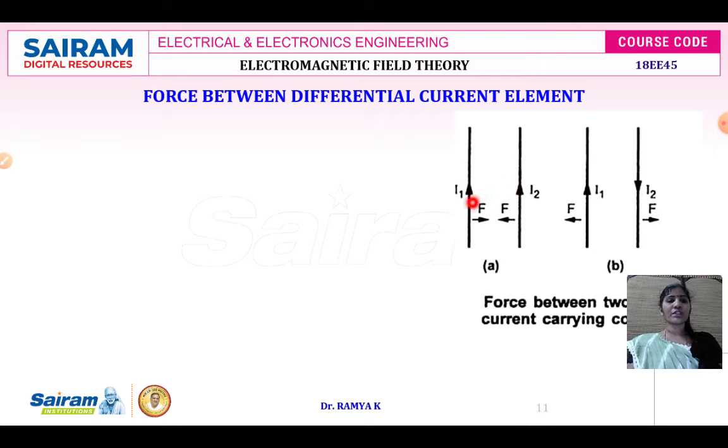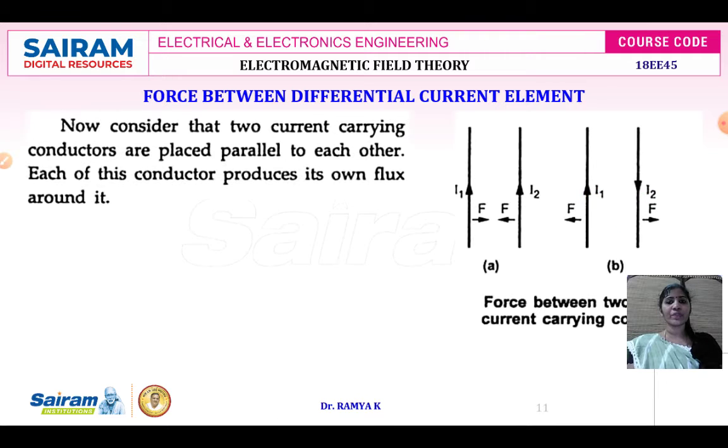The concept is that when the current in both conductors is in the same direction, it will exhibit a force of attraction. When the current in both conductors is opposite, it will exhibit a repulsive force. Therefore, the force of attraction happens when the current direction is the same, and the force of repulsion happens when the current directions are different.